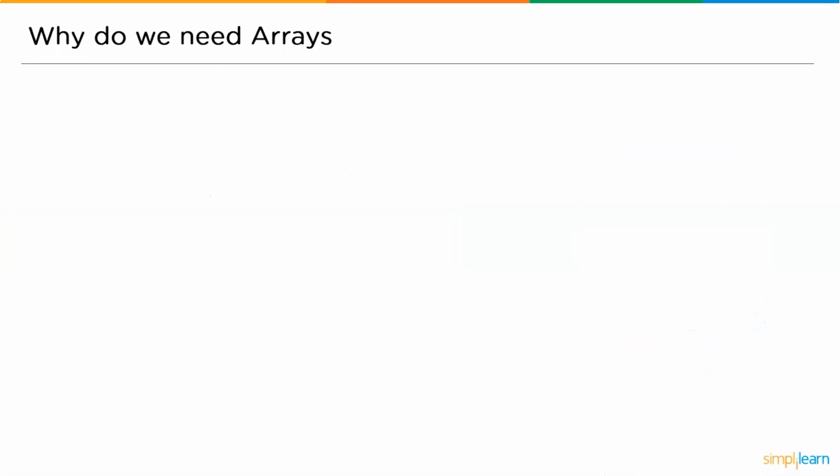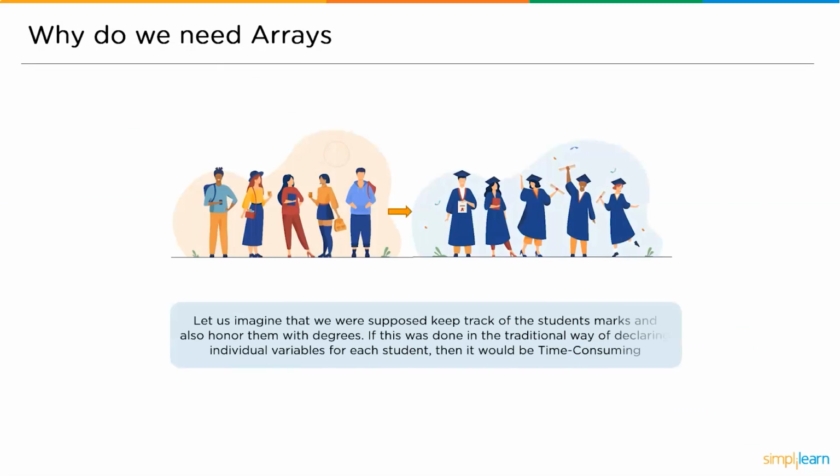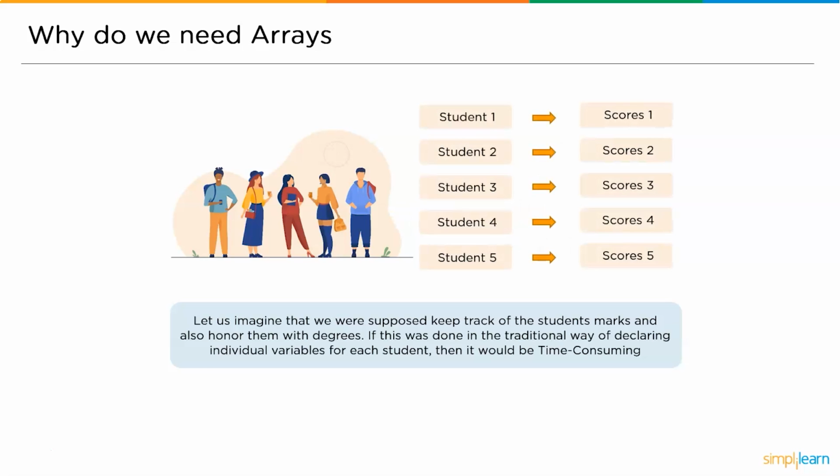So to understand this, let's go through a simple concept. Let us imagine that we have some data and the data is related to students, right? If we wanted to store the marks of individual students, then we had to declare a variable for each of the student. So you can see we have student 1, student 2, student 3, 4 and 5 and their individual scores.